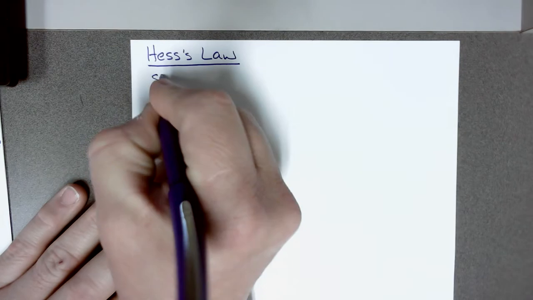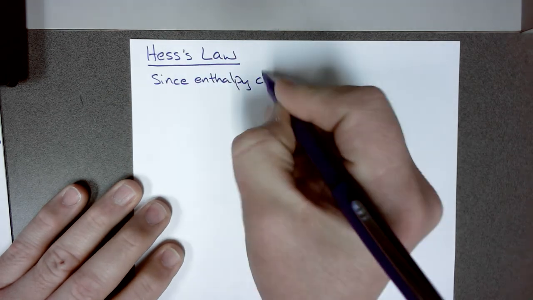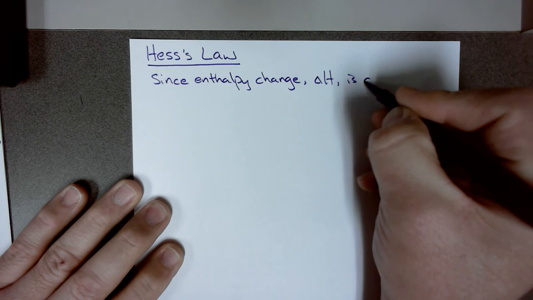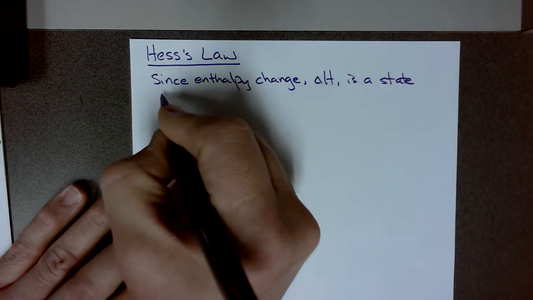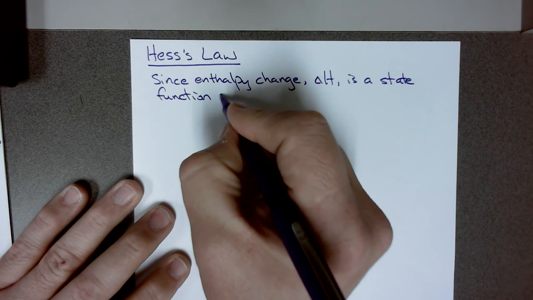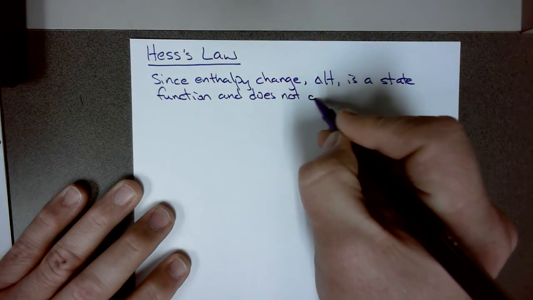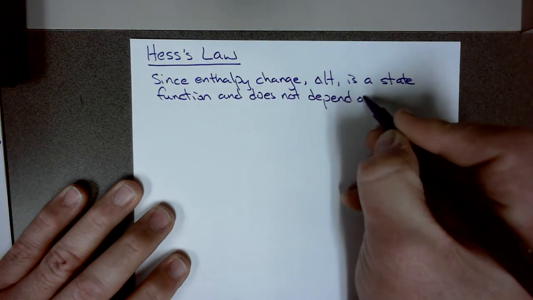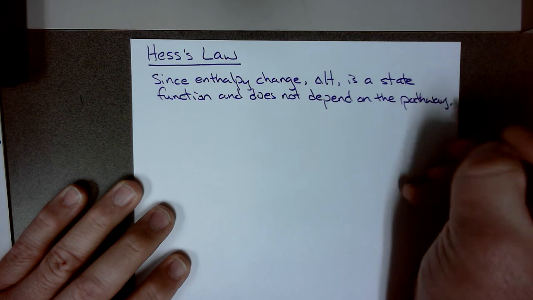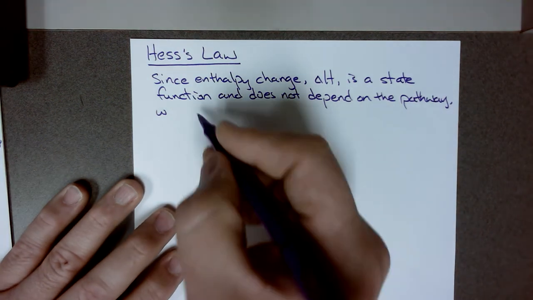Now, since enthalpy change, or delta H, which we call delta H, is a state function, and does not depend on the pathway, we can sum up the enthalpy changes of several chemical equations.